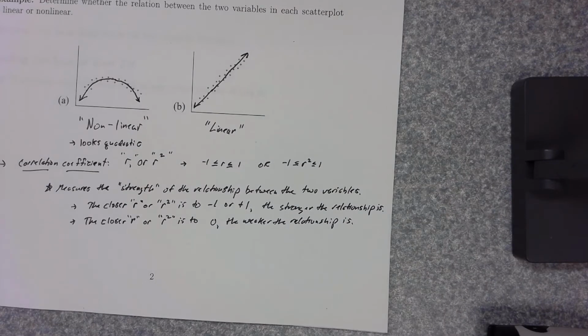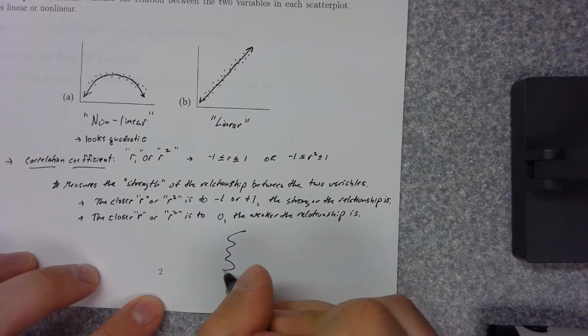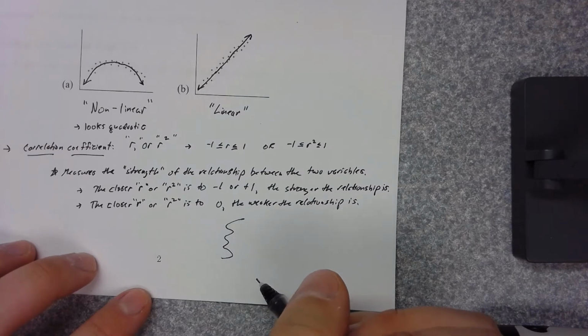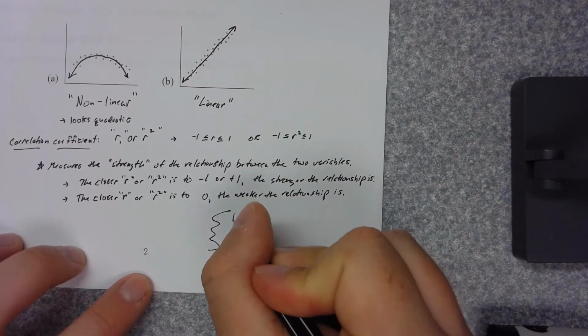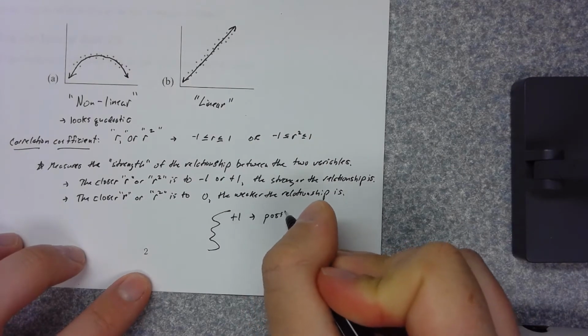So what does it mean if one of them is +1 or -1? Well, the value, whether it's positive or negative, doesn't change the strength of the relationship. It just means if it's a positive model. So +1 means it's positive, which means it's increasing.